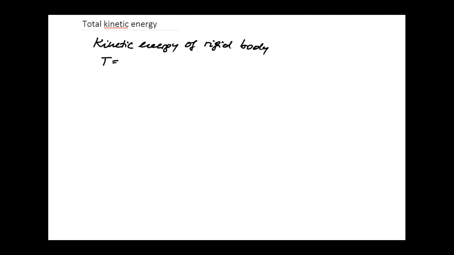We have to add up the kinetic energies of all the mass points. So we have the sum over all the mass points, and then we have the kinetic energy of an individual mass point, which is 1/2, and then its mass m nu and its velocity r nu dot squared.